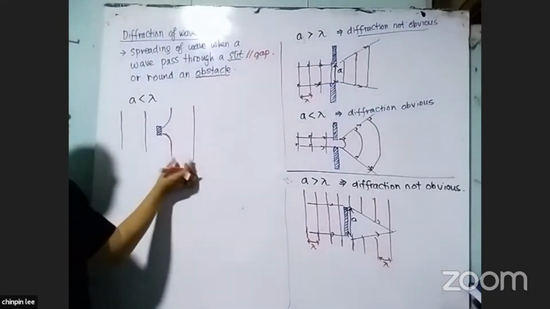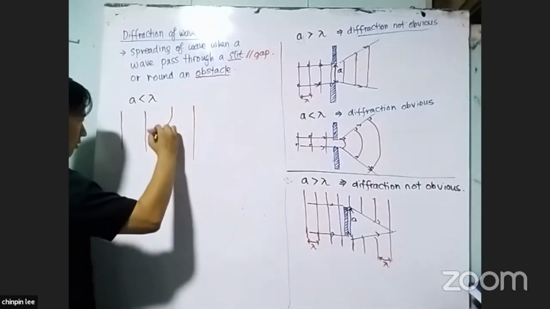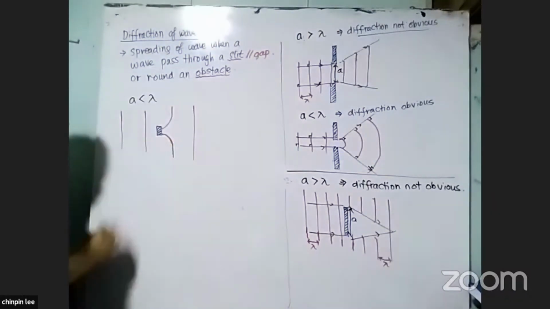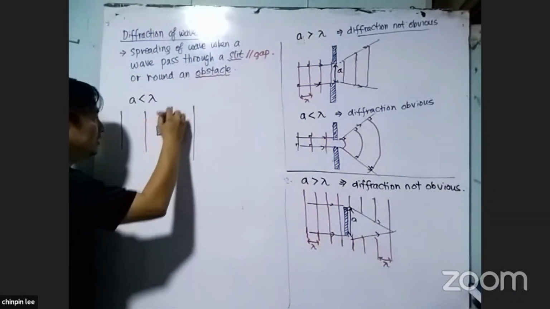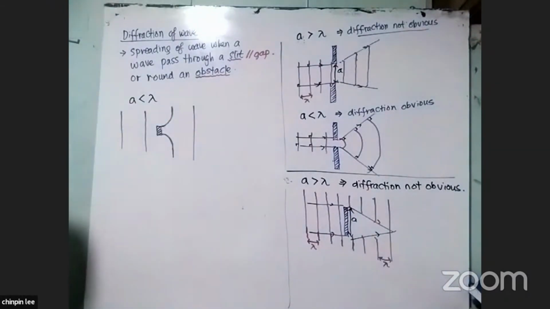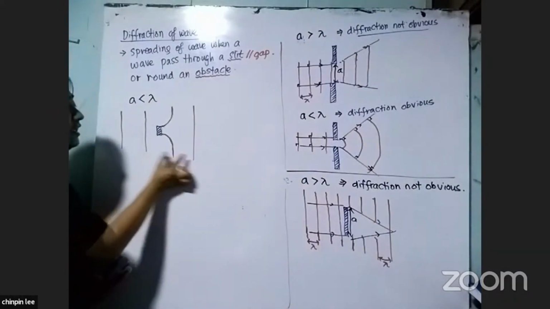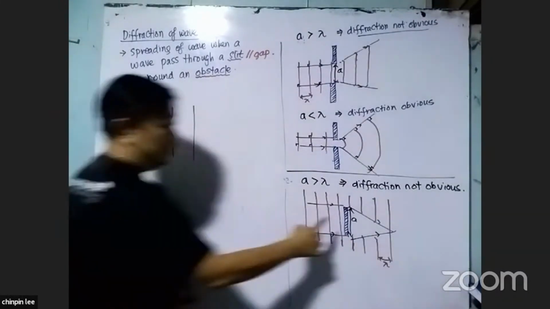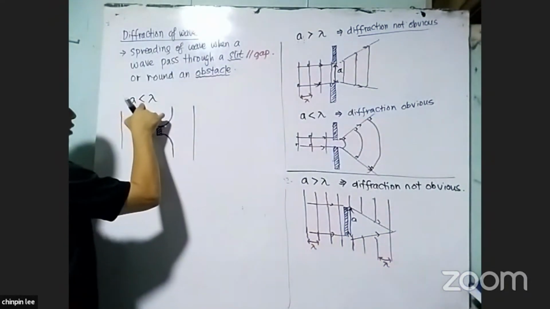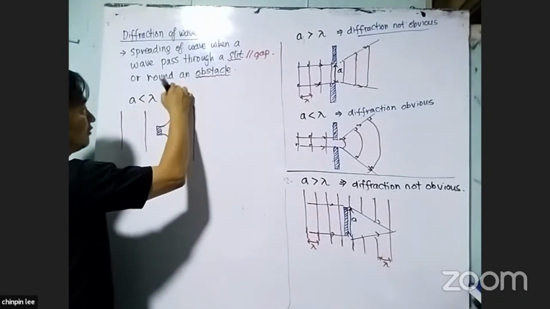But after that, no more. After it goes around the obstacle, you see this part it bends a lot. The wavelength here is the same, but here it bends a lot, here it bends little. So I will just say when A is smaller than lambda, or lambda is big, A is small, so the diffraction is obvious.